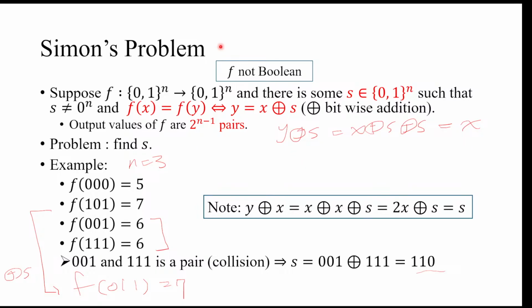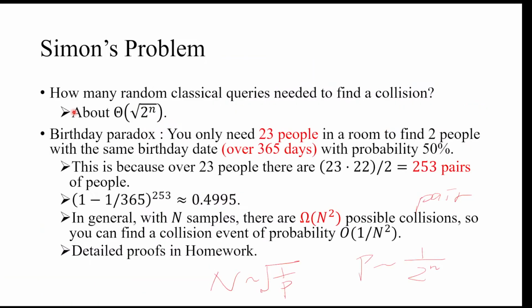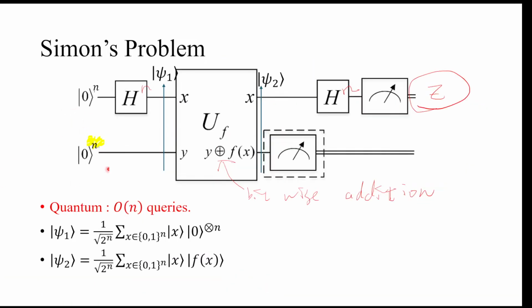So the problem is we have f from {0,1}^n to {0,1}^n. Now f is even more general than before, so f is not even a Boolean function. It has n-bit input and n-bit output, and those two n are the same n. Our oracle is a bit complicated, but let's go to the algorithm part.